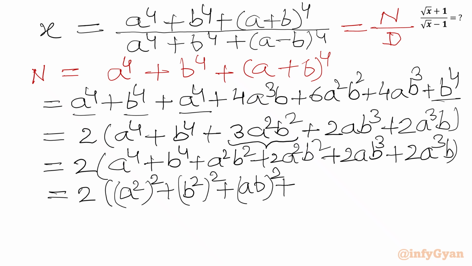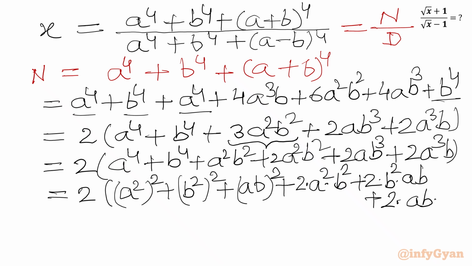Then 2A square B square, we will write 2 times A square times B square, plus 2AB cube, we will write 2B square times AB. This is 2AB cube. And 2A cube B we will write plus 2 times AB times A square.